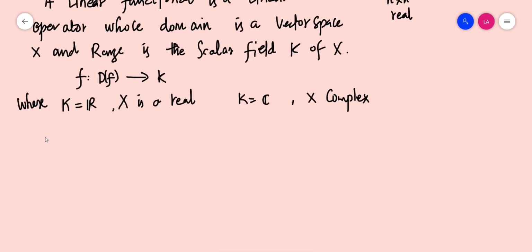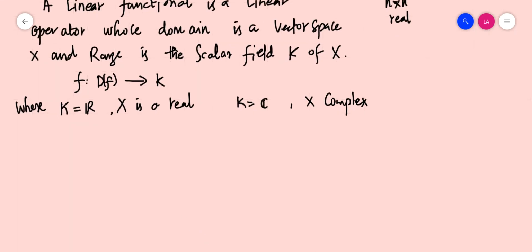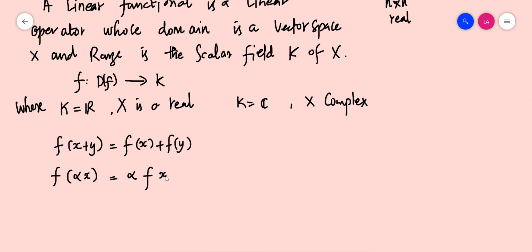It satisfies linearity, which means that for every x and y belonging to D(f), f(x plus y) should be equal to f(x) plus f(y), and f(alpha x) should be equal to alpha times f(x), where x, y belong to the vector space X or D(f), and alpha belongs to K. This is the linearity condition.